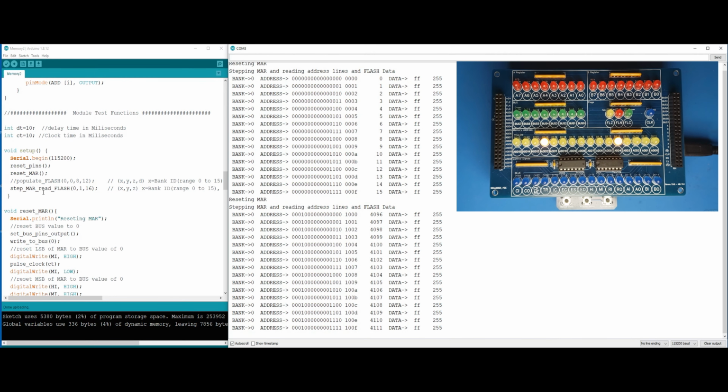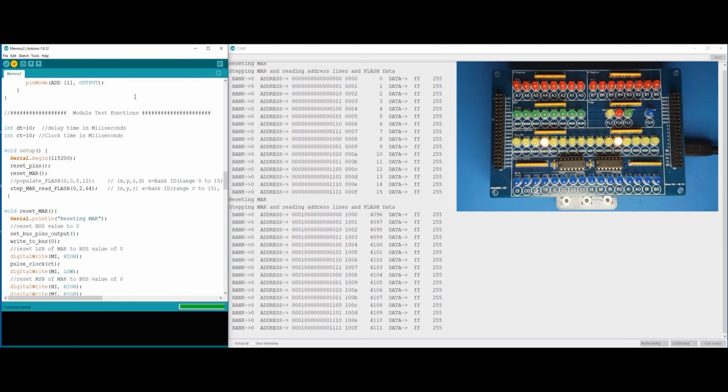So this is really all about the read operation. Of course, we could increase that number. Let's say you want to count 64 steps from bank 0 and sector 2 this time. Let's run it to show you how it works.